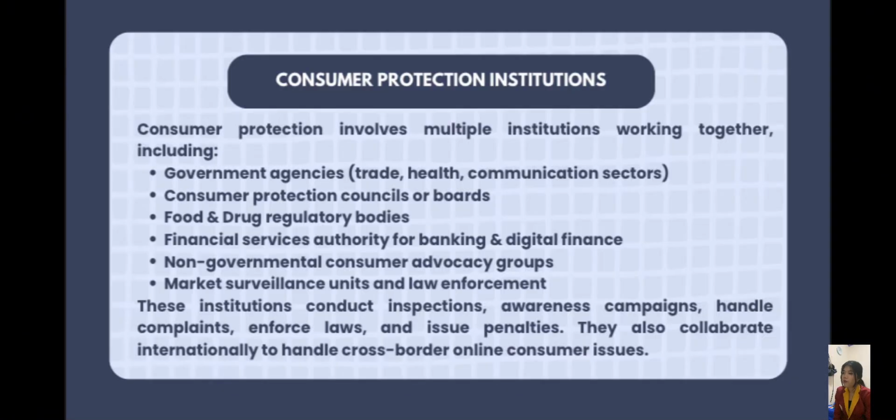Also avoiding deceptive marketing, price manipulation, or unethical practices, and offering warranties and after-sales services. And 5 is handling complaints and compensating consumers fairly.